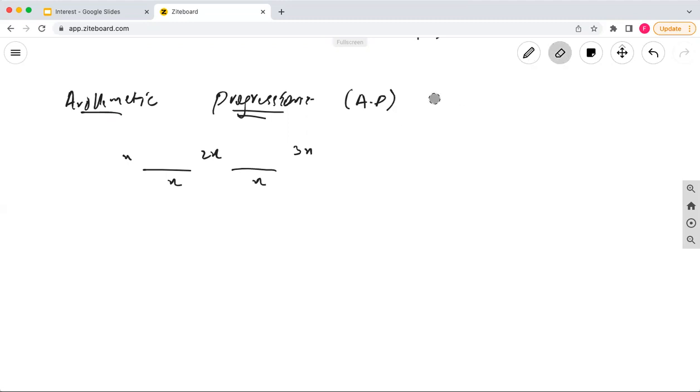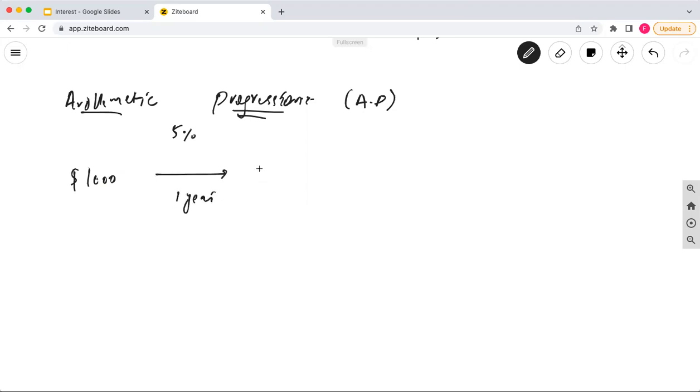Okay, so why did I just tell you about this? In the simple interest concept, first of all, let's suppose a person invested 1,000, and there is a simple interest of, let's suppose, 5%, right? After 1 year, what will be the final value including the interest?